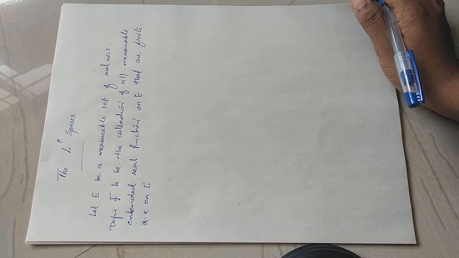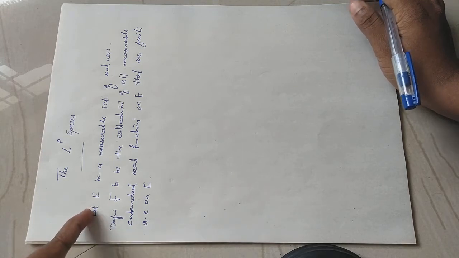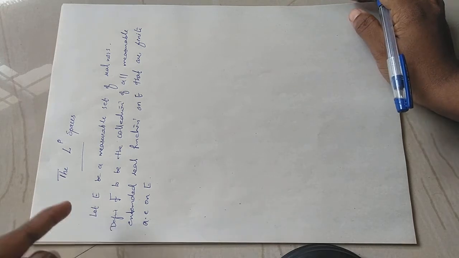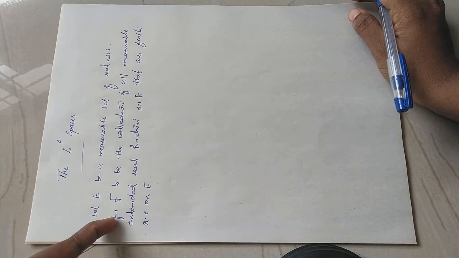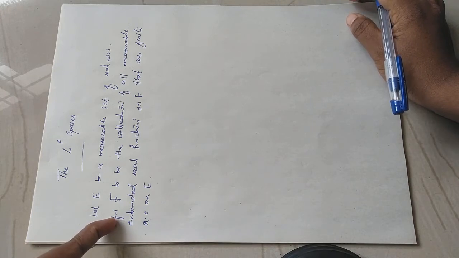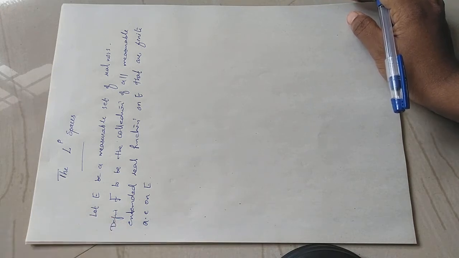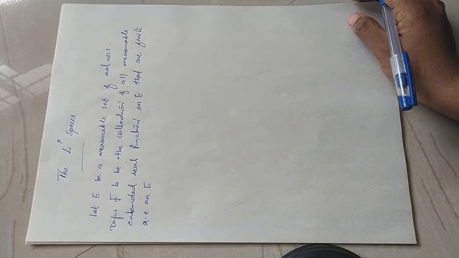So for that we need a measurable set E which is a subset of real numbers, and F is the collection of all measurable extended real valued functions defined on E that are finite almost everywhere on E.